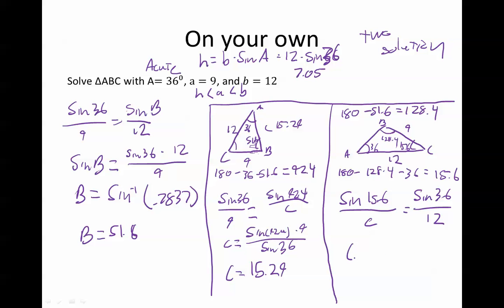Cross multiplying, I end up with C equals sine of 15.6 times 12 all over sine of 36, which when we throw that into our calculators here, that's times 12 divided by sine of 36. We end up with 5.49.